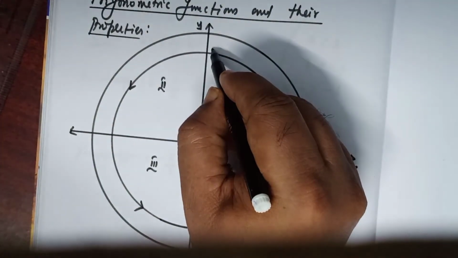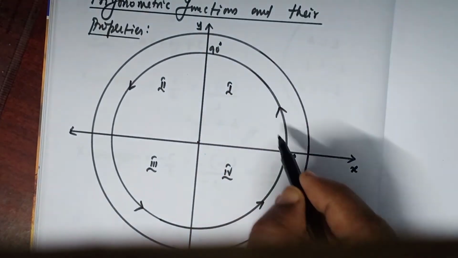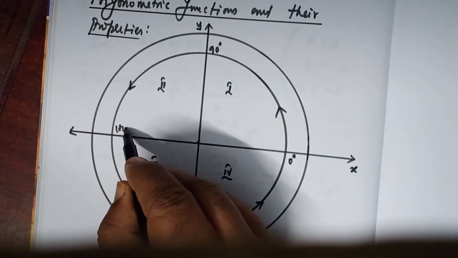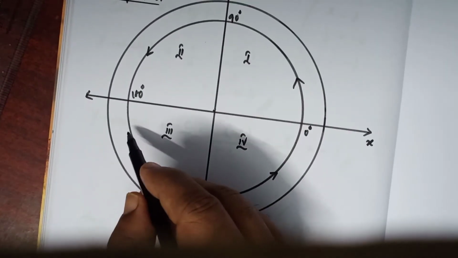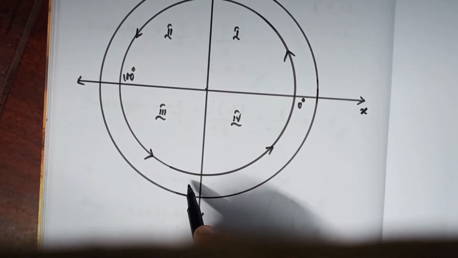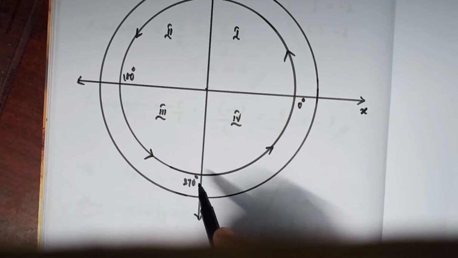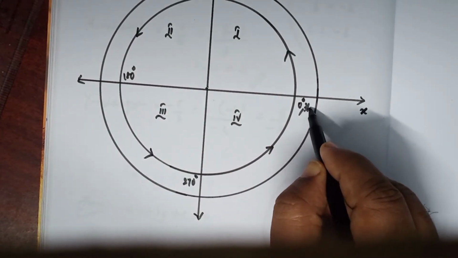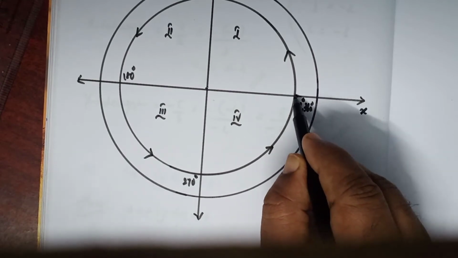From here to here 90 degrees. 90 plus 90, 180 degrees. 180 plus 90, 270 degrees. 270 plus 90, this is 360 degrees.